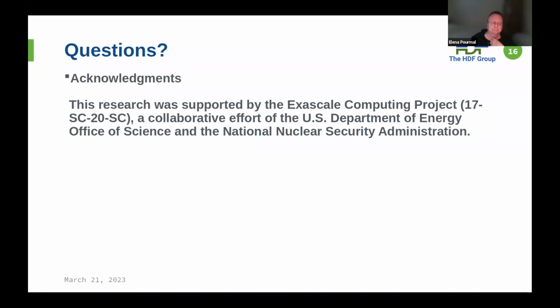Okay. But we're going to be adding APIs in 1.14.1. Okay, thank you. And the plan for 1.14.1 is that we're actually going to enable selection IO automatically if we detect that the file driver can benefit from it.